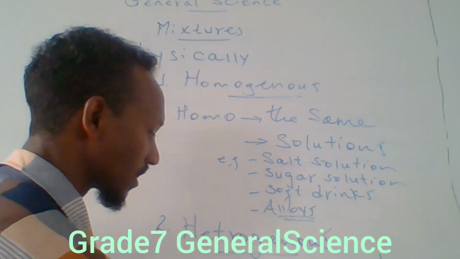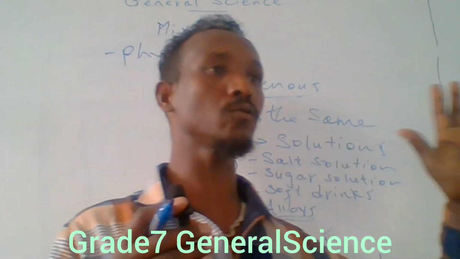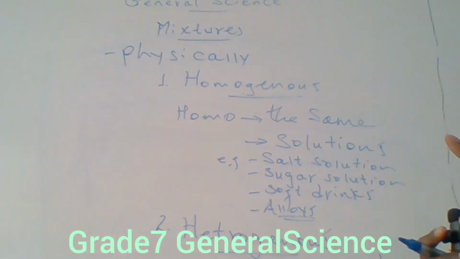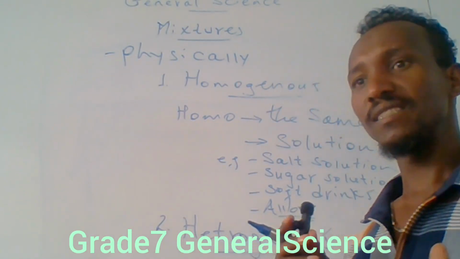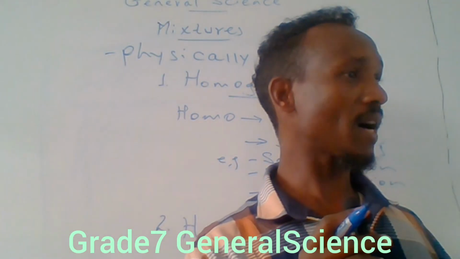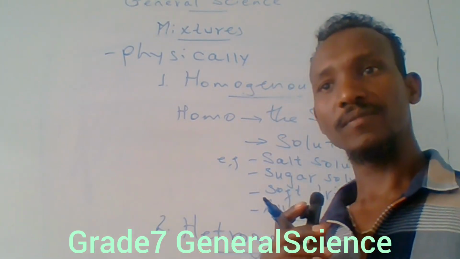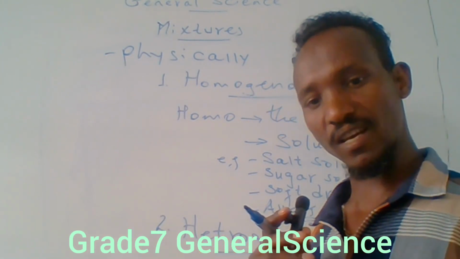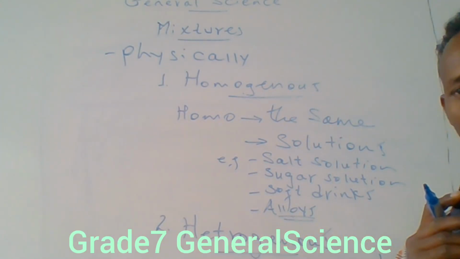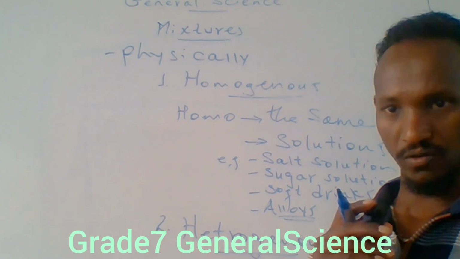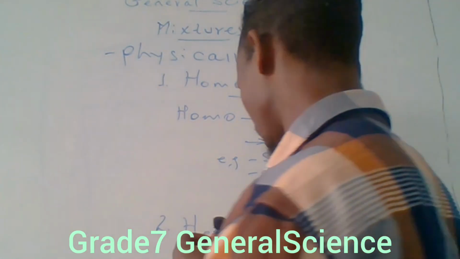When two or more different substances are mixed together, their components can be seen with our naked eye. This is the reason why our mothers or elder sisters, when cooking, first pick out the pieces of unwanted substance from the mixtures they use to make food. So this is a heterogeneous mixture.